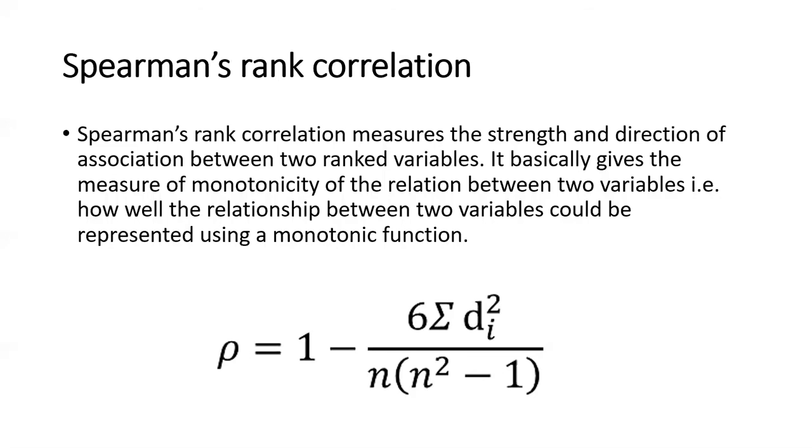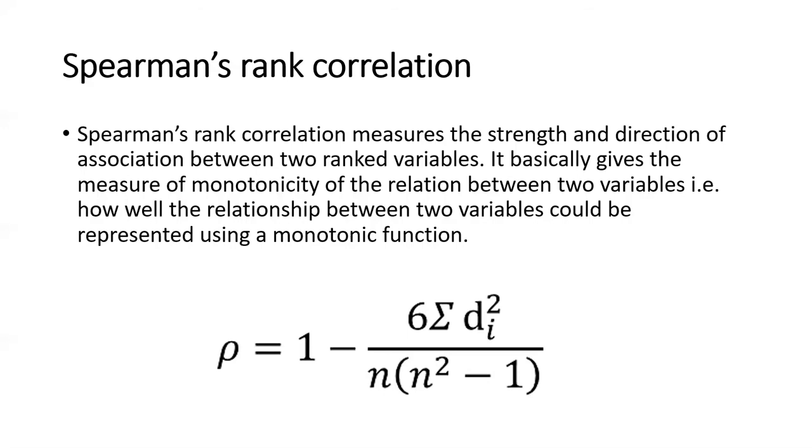It basically gives the measure of monotonicity of the relation between the two variables. That is, how well the relationship between the two variables could be represented using a monotonic function.